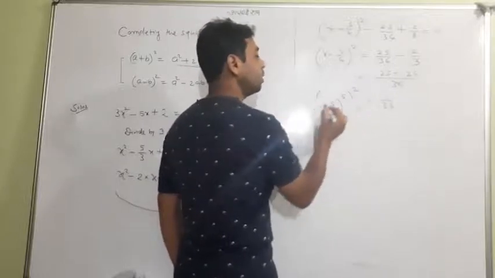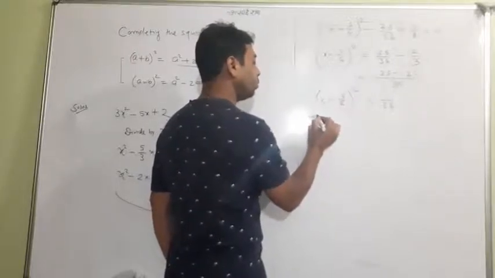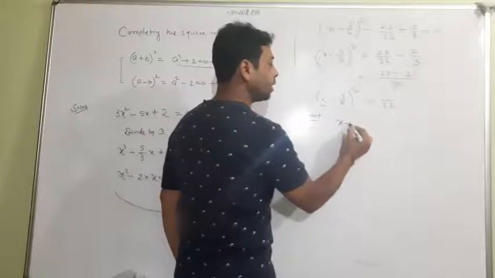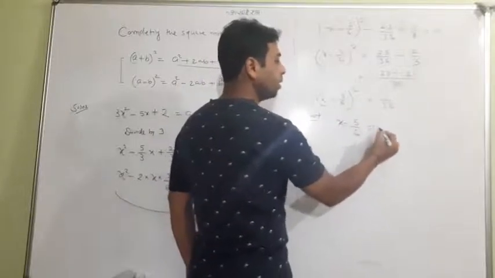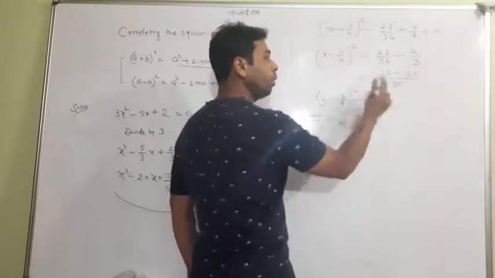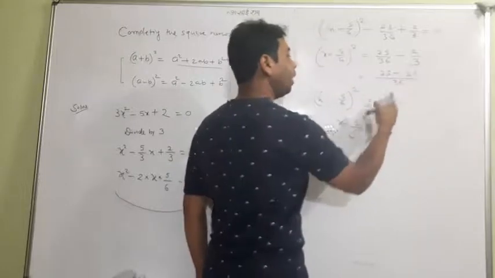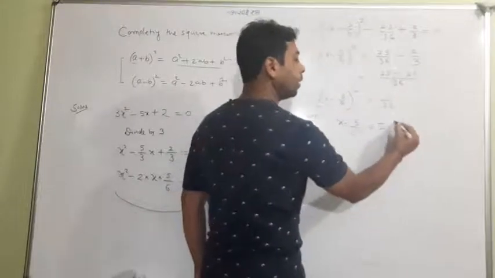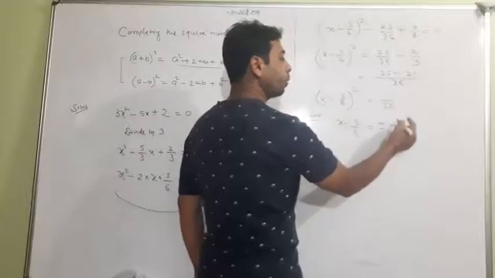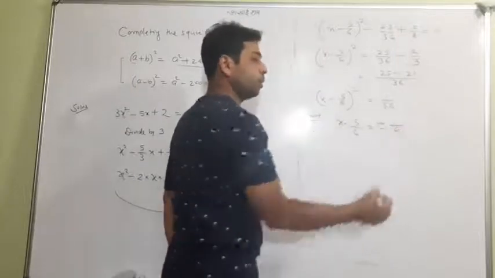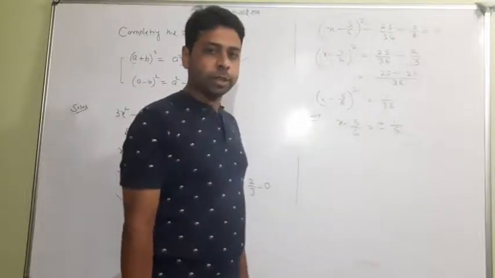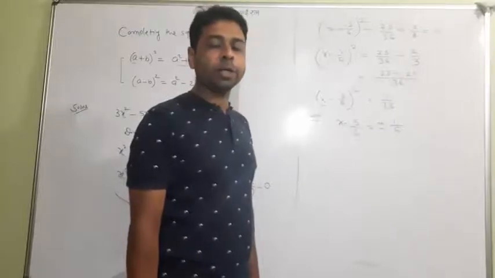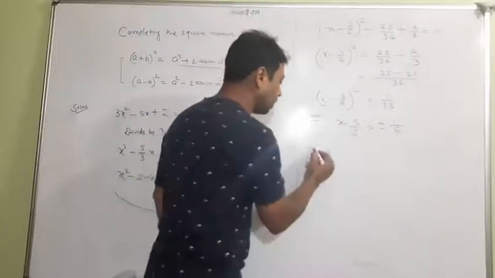Now take a square root. You know what to do. Square root says x minus 5 by 6. The square will remove and the square will remove, and this is going to be plus minus 1 by the square root of 36, which is 6. So always use a plus and minus sign. So the square root of 1 by 36 is 1 by 6, and take a plus sign now.